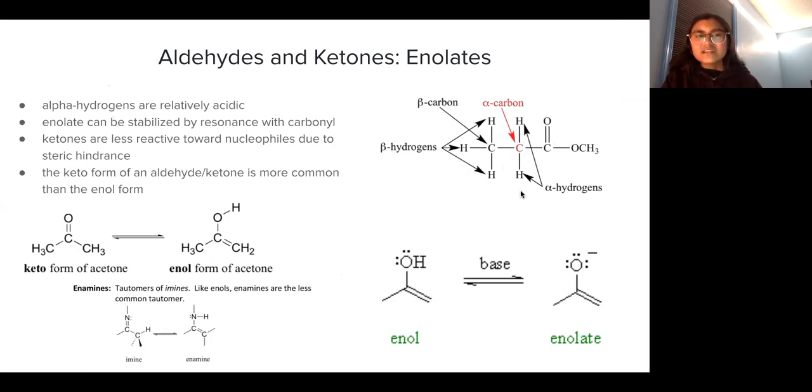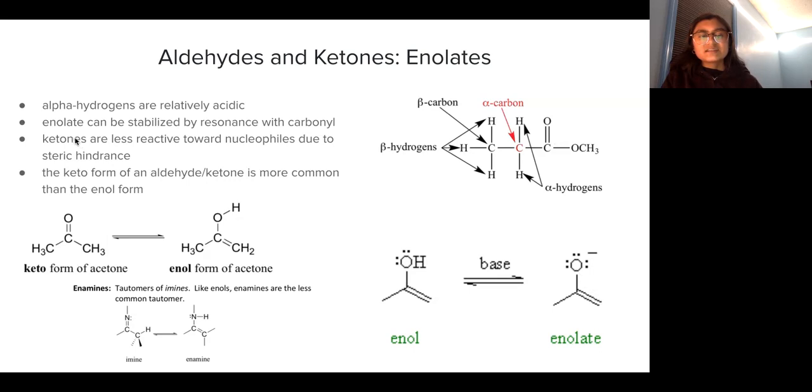These are relatively acidic, so that's something to know if you ever see these show up in a reaction with some base. And then here you have enols and enolates. Enolates can be stabilized by resonance with the carbonyl. You can see this double bond can move upwards. That's also something to be aware of.